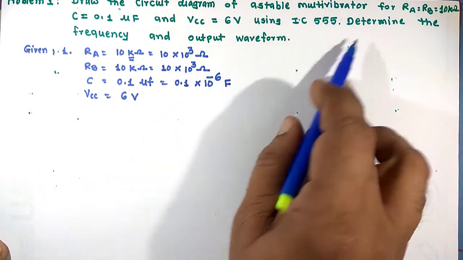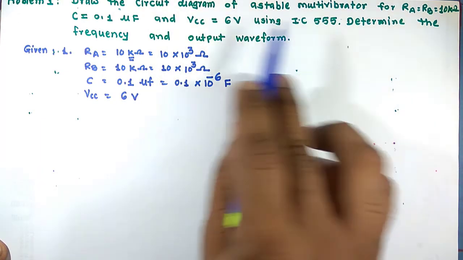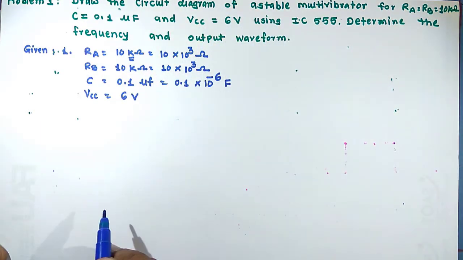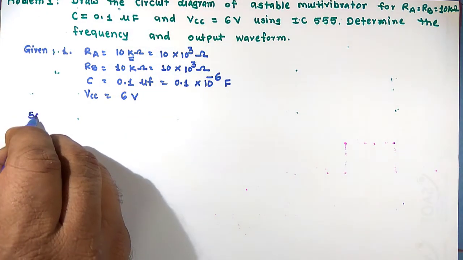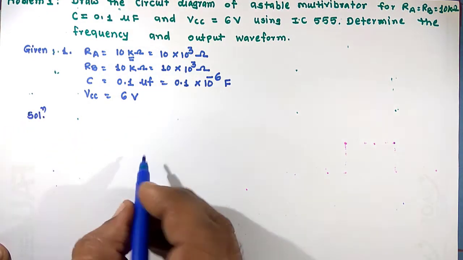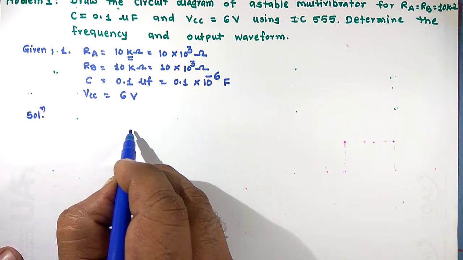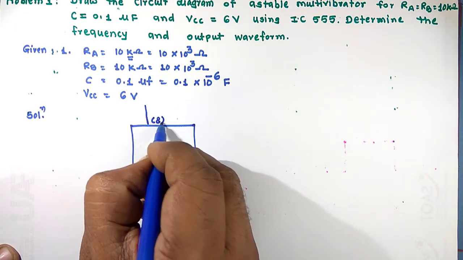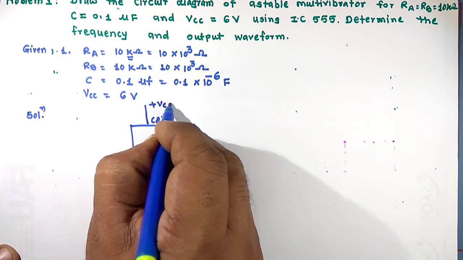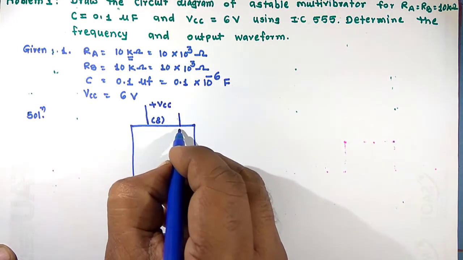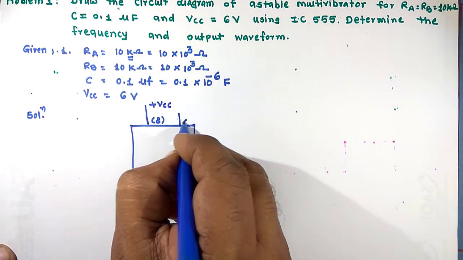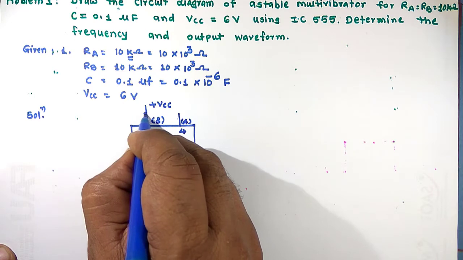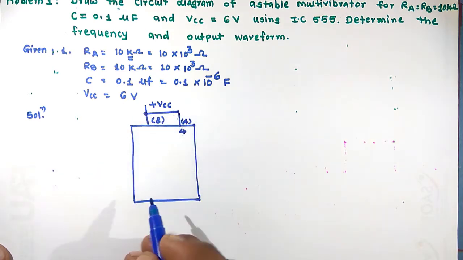So first it is asked to draw the circuit diagram of an astable multivibrator. So let us first draw the circuit diagram for an astable multivibrator. Pin number 8, to which plus VCC is given. If we do not use pin number 4, then pin number 4 is connected to VCC.